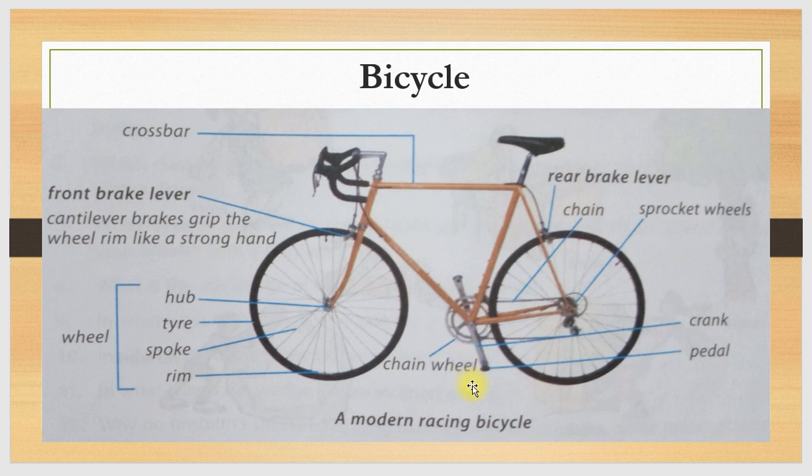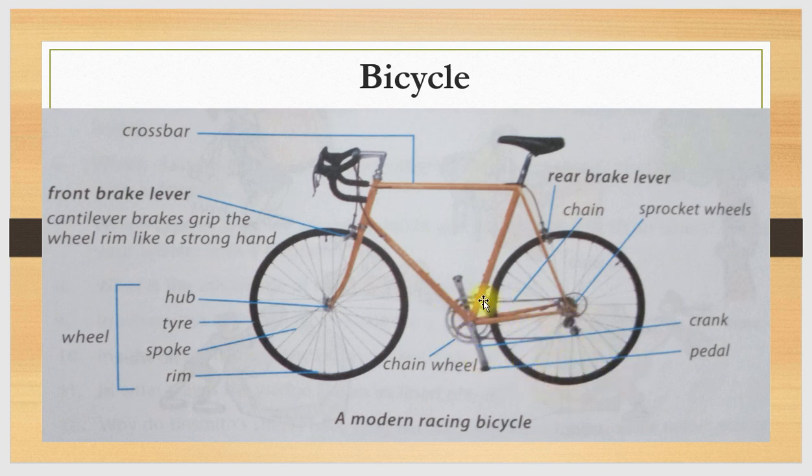When you turn the pedal, the downward force of your legs is carried to the back wheel by the chain linking the gear wheels. You can see here when you turn the pedals in this direction, the downward force of your legs is carried to the back wheel by the chain link.